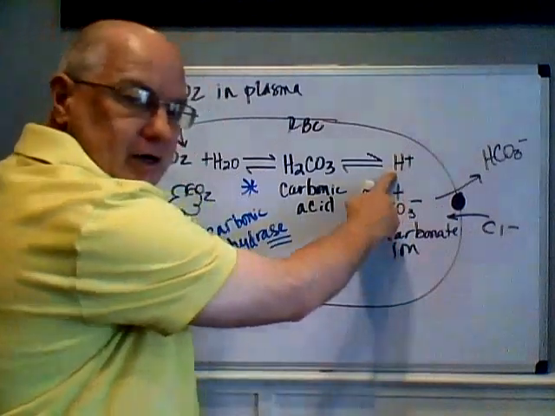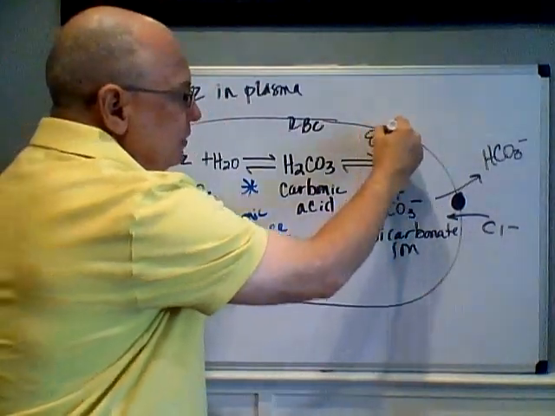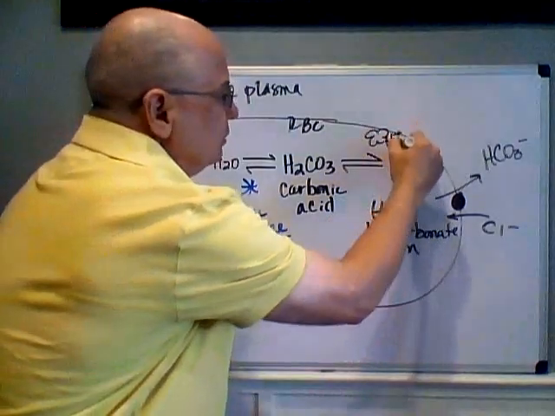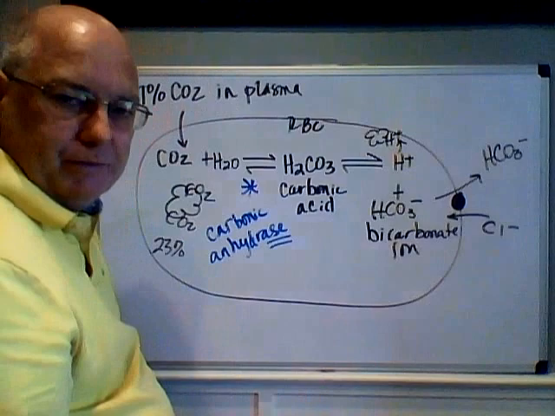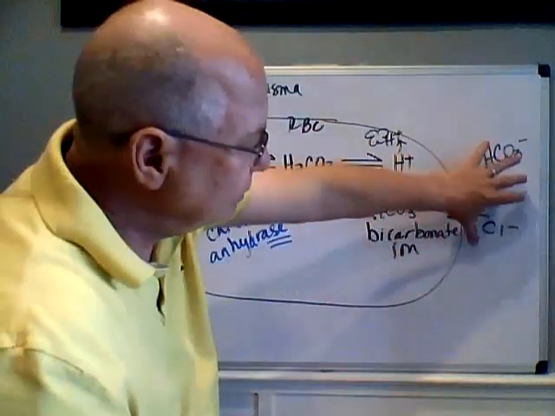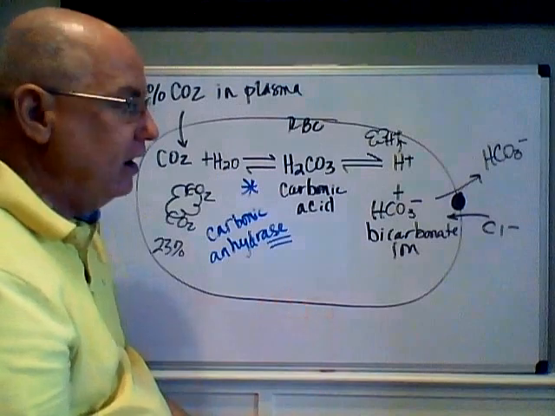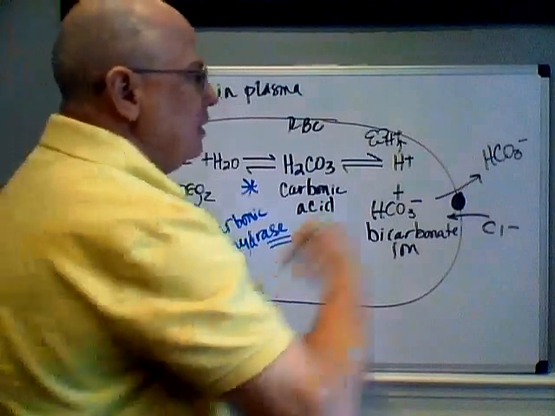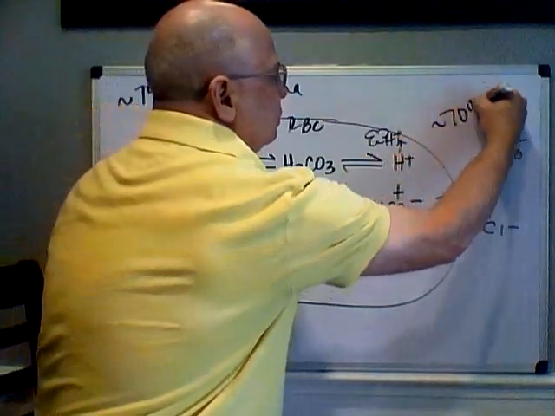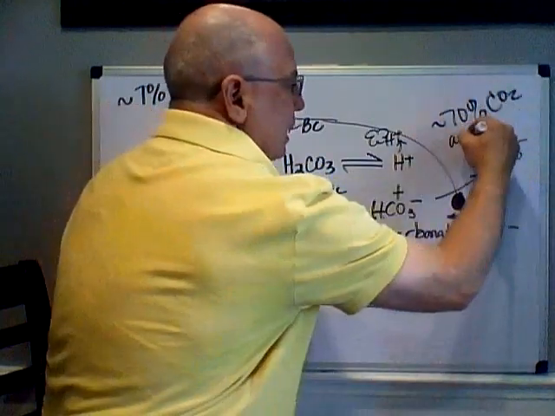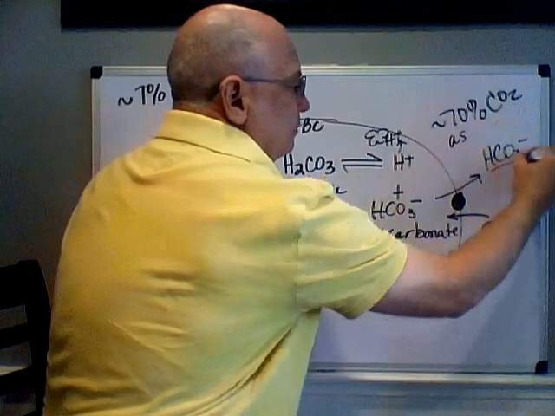Fortunately, hydrogen ions have a really high affinity for our little four-leaf clover-shaped hemoglobin, and all the hydrogen ions get bound up by the hemoglobin. And all I'm doing now is exchanging one negative ion for another negative ion. And this is how we carry about 70% of the carbon dioxide carried by our blood as bicarbonate ion.